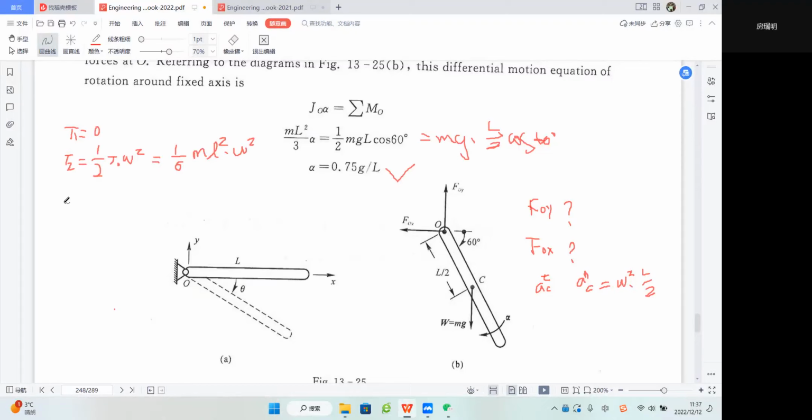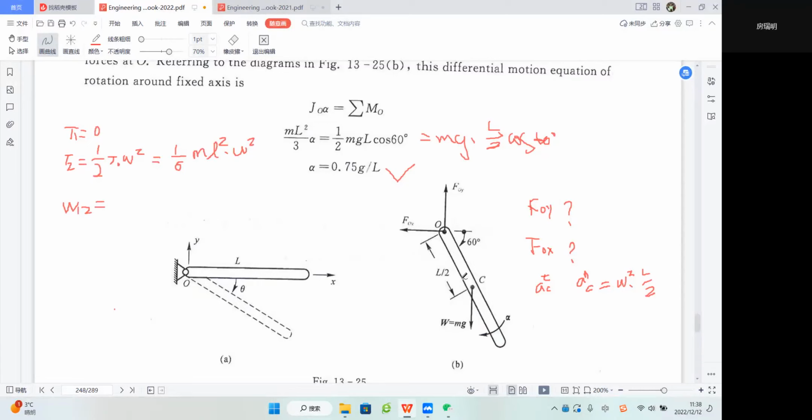And from position 1 to position 2, only the weight will do some work.